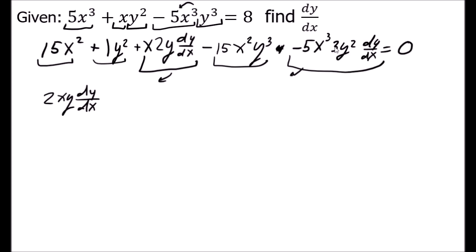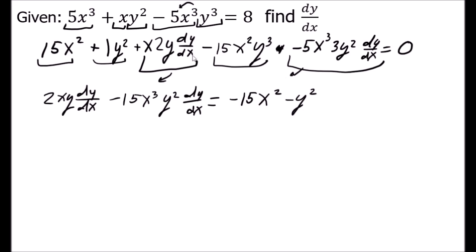That's really negative 15x cubed y squared dy/dx. And that equals, I'm moving everybody else over, negative 15x squared, negative y squared, and this is a positive 15x squared y cubed.